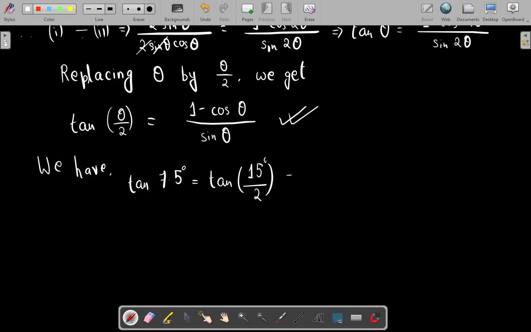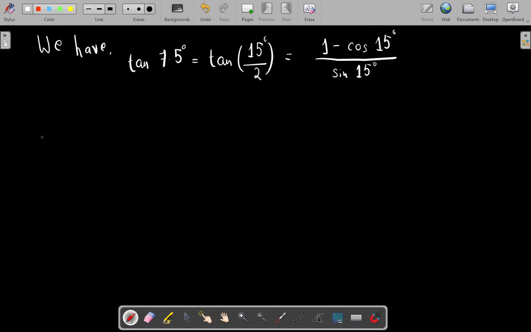Now we can use the above equation, and write tan of 15 degrees by 2 as 1 minus cos of 15 degrees upon sine of 15 degrees. Again, cos 15 and sine 15 are not standard angles, so we have to further evaluate those values in order to get tan 7.5 degrees.